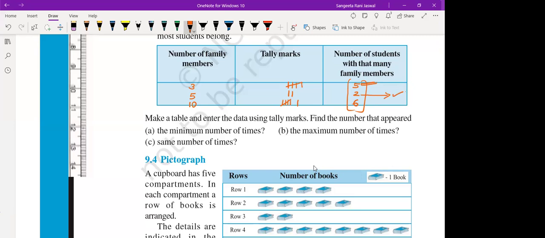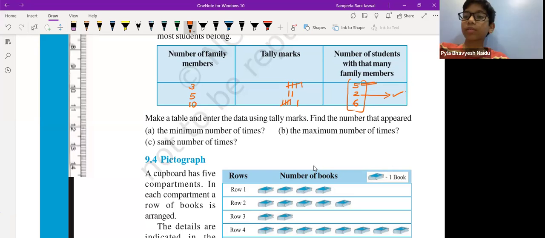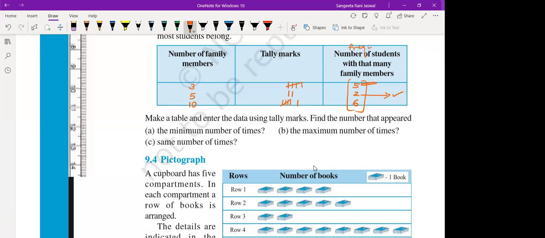Ma'am, for the maximum number of times you have to see the frequency column, no? Frequency means how many times it is occurring. 3-member family occurred 5 times. 5-member family occurred 2 times. 10-member family occurred 6 times.